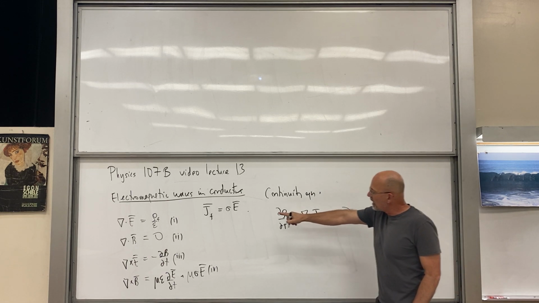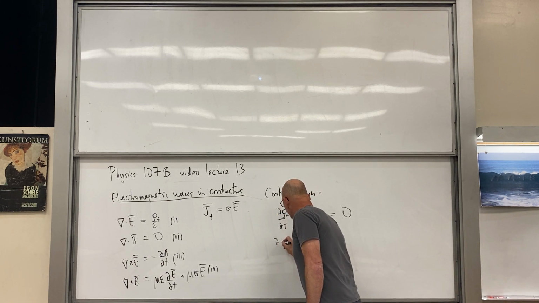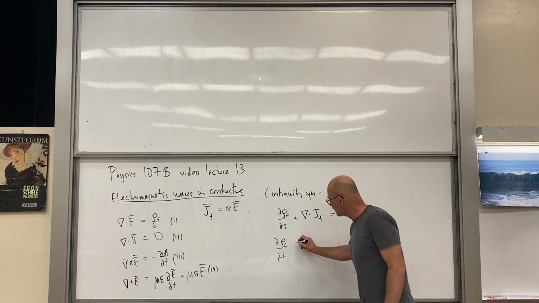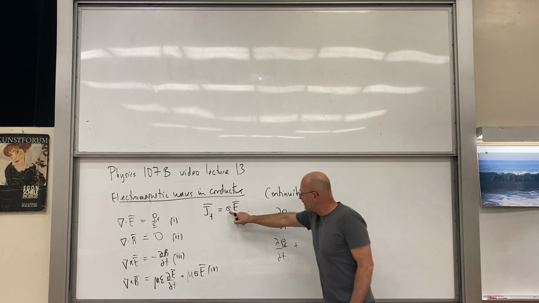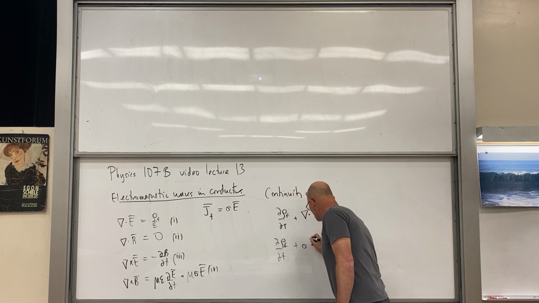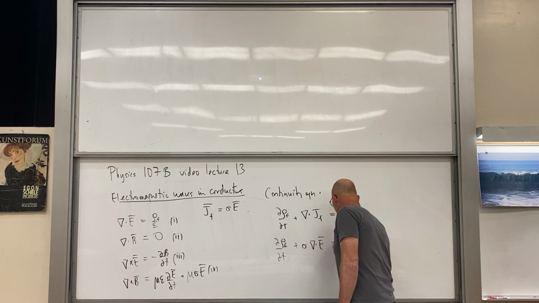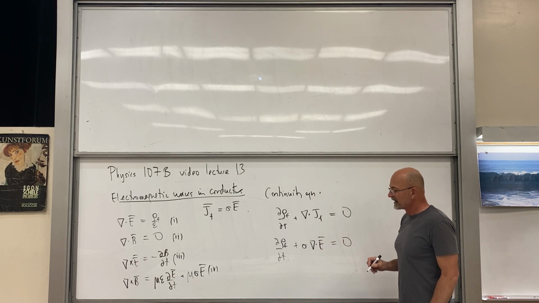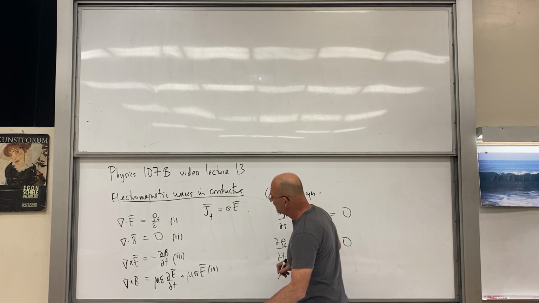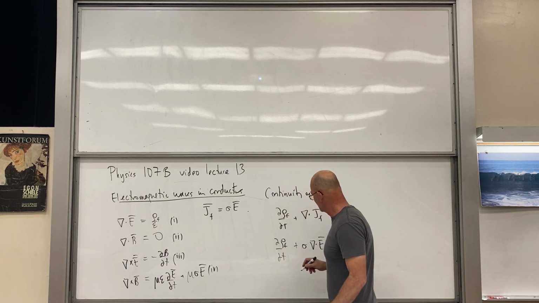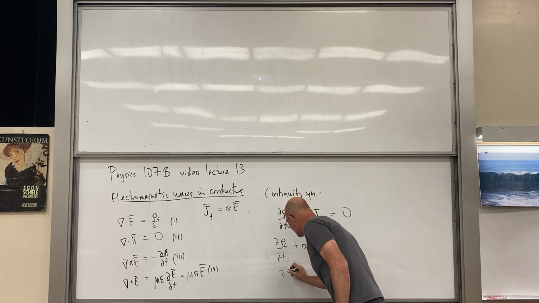But now with Ohm's law, we can write time derivative of free charge plus sigma divergence of E is equal to 0. But we have something for the divergence of E.